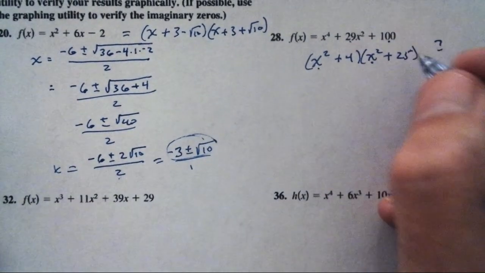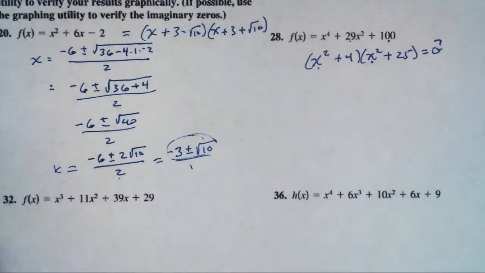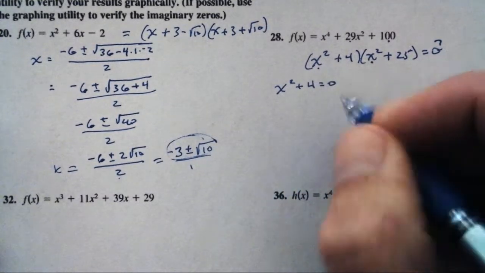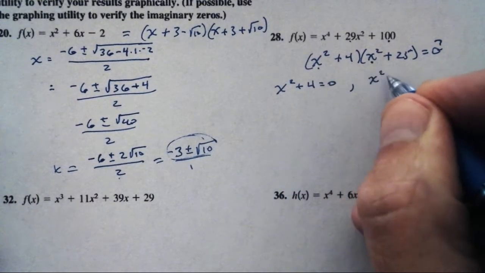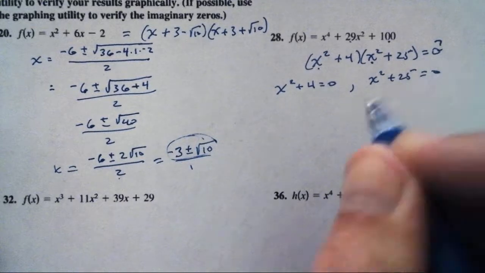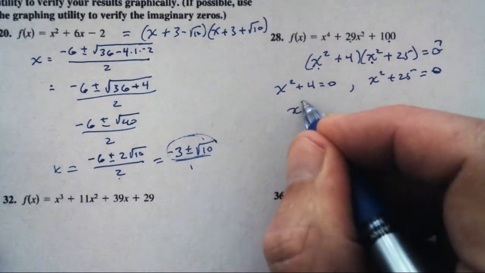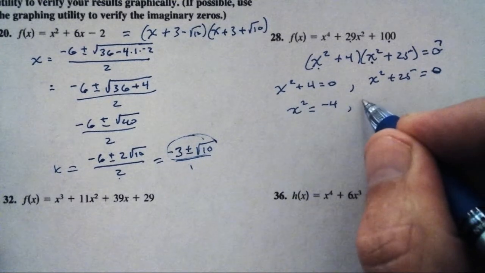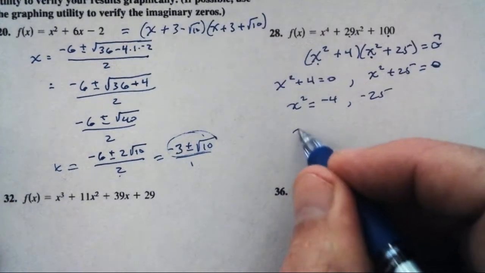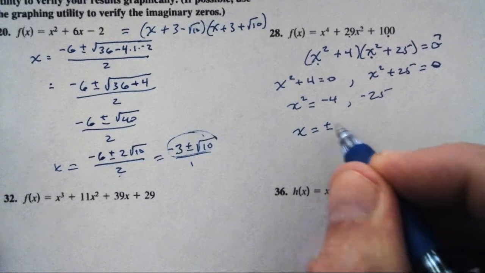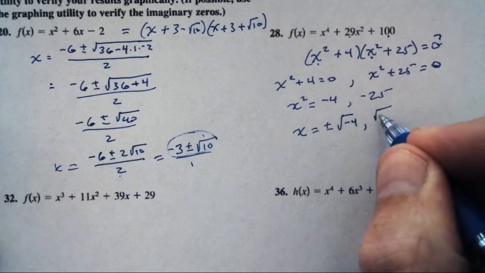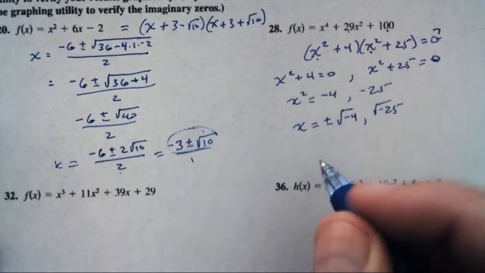And if I'm looking for the zeros, I'm going to set that equal to 0. And so either x squared plus 4 equals 0 or x squared plus 25 equals 0. That is x squared equals negative 4 or negative 25. So that would be x equals plus or minus square root of negative 4 or square root of negative 25.